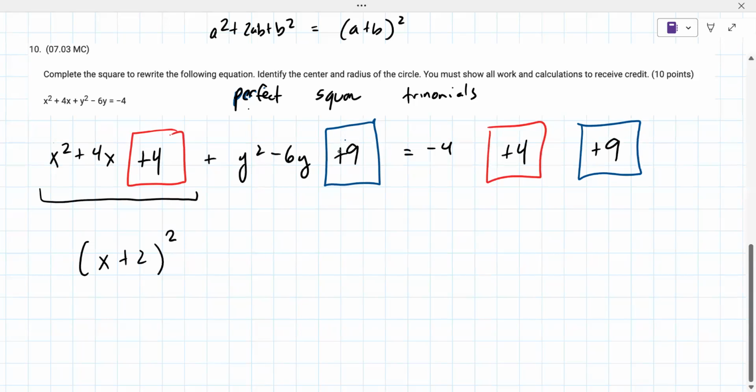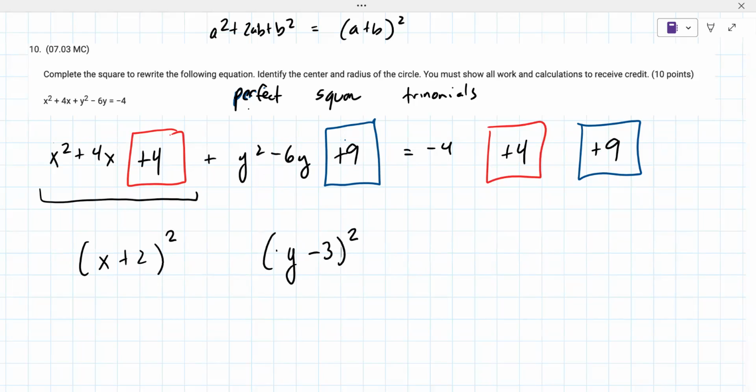Down here it ends up being (y minus 3) squared. The reason it's minus is because of that number there.